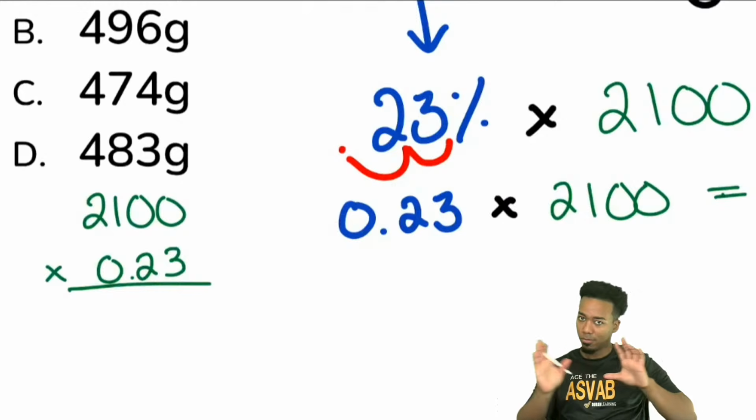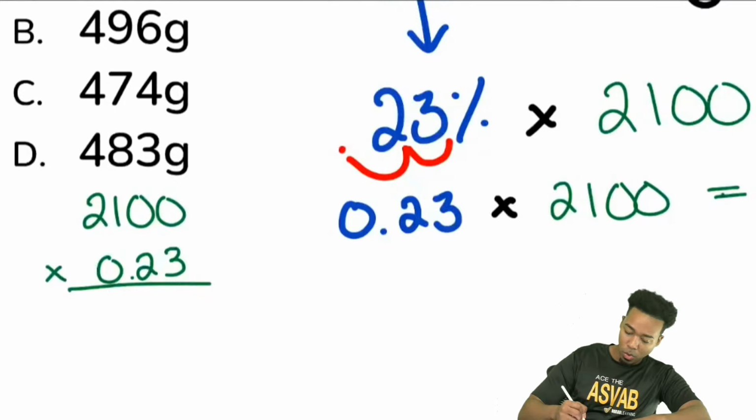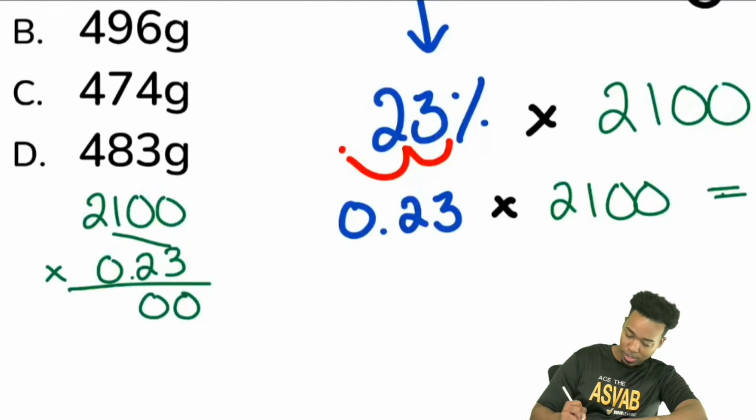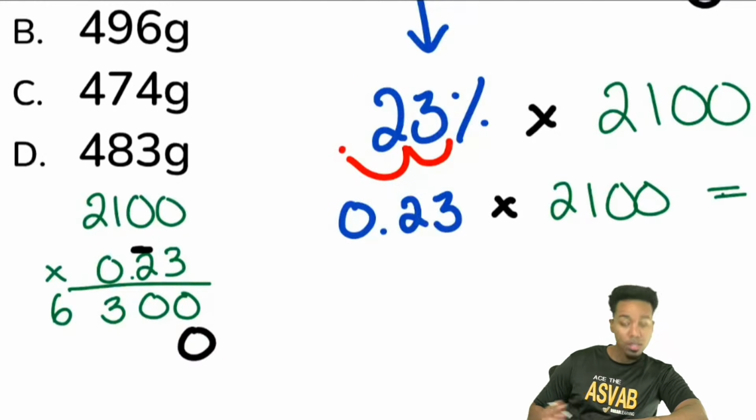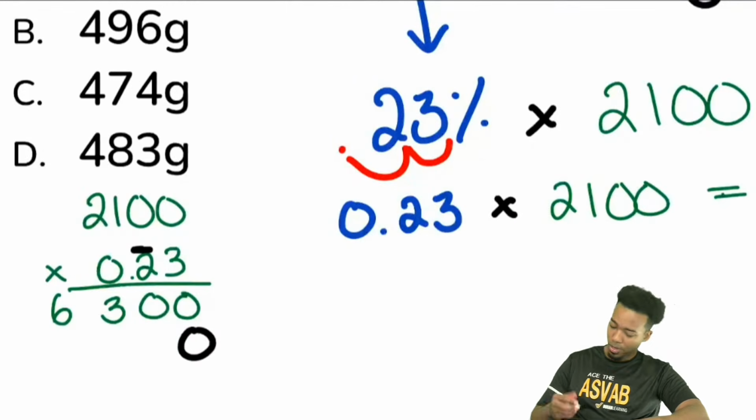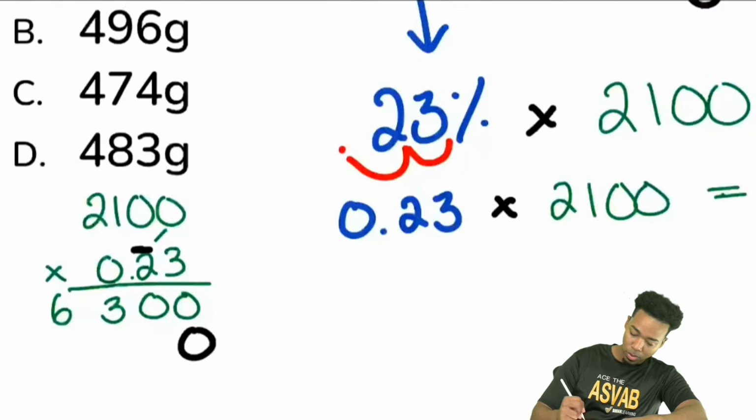Step 1, multiply normally. 0 times 3 is 0. 0 times 3 is 0. 1 times 3 is 3. 2 times 3 is 6. Next we drop a 0 to get to the next digit, the 2, and keep it going. 0 times 2, 0 times 2, 1 times 2, and 2 times 2.